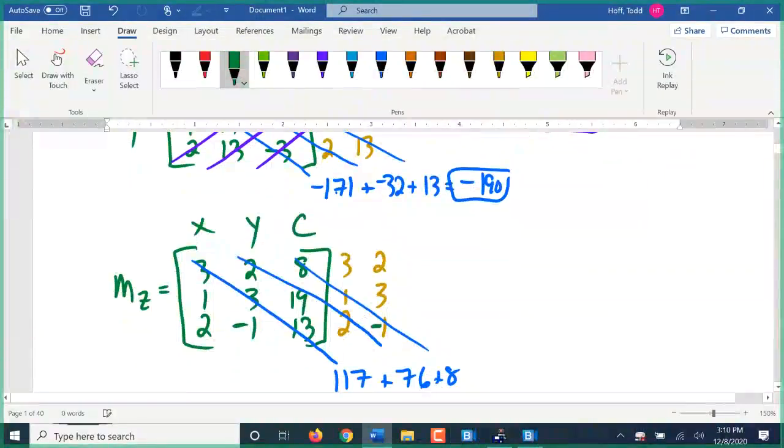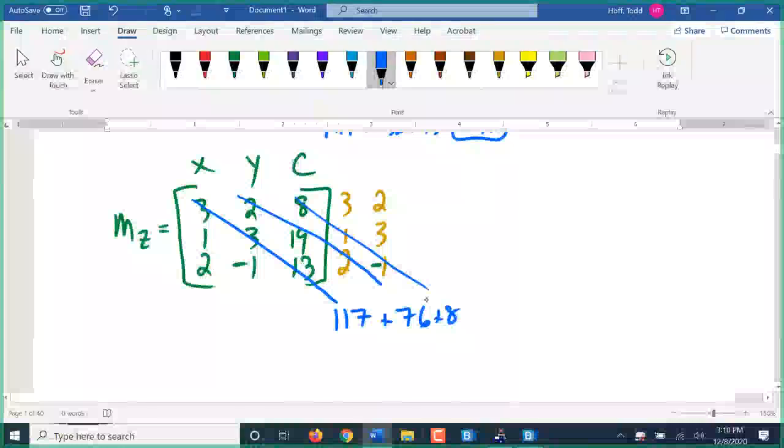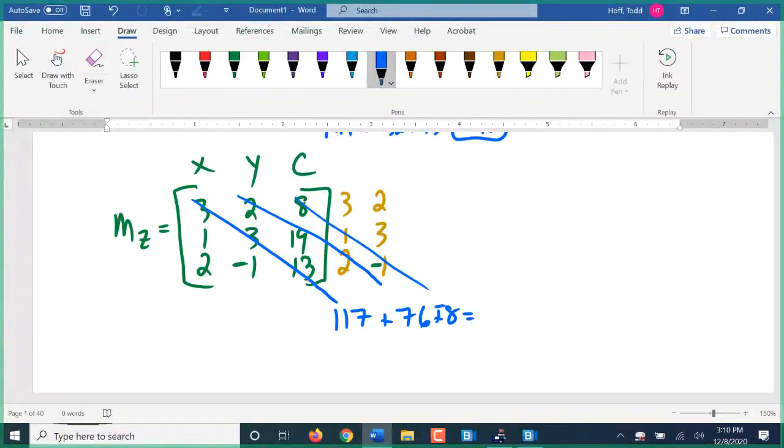So this would be a -1, and this would actually be a -8. So that adds up to, what, 195, I believe? No, 185. 185 is what that adds up to.